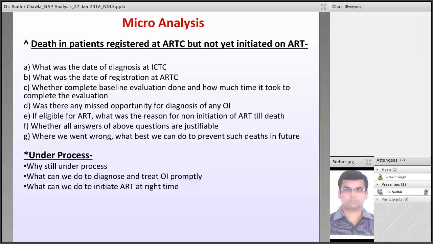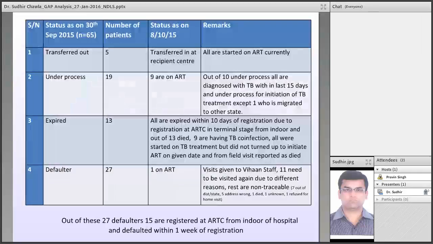For the 19 patients who were under process, we looked into the white cards and understood that all 19 patients actually became eligible in the last 15 days of September only, and out of that 9 were on ART as on the date of visit. Those who were not on ART as on 8th October were diagnosed with TB within the last 15 days and were in the process of initiation of TB treatment. That is why they were not yet initiated even on the date of the visit.